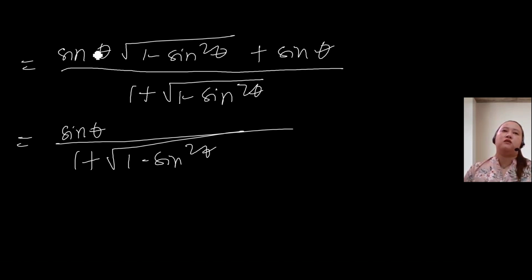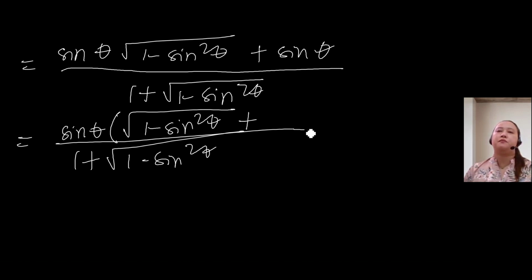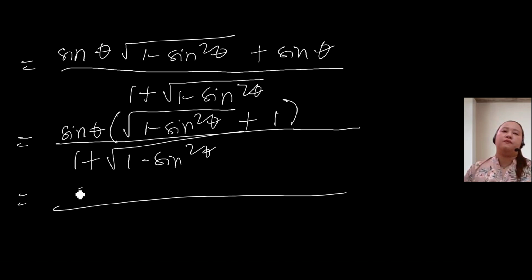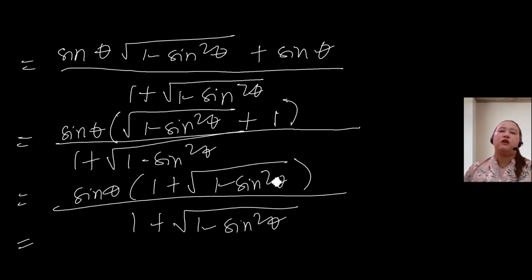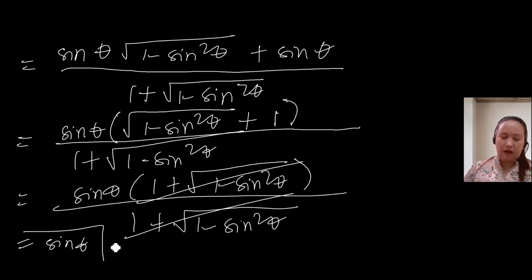So by factoring, sine theta square root of 1 minus sine squared theta divided by sine theta, we have the square root of 1 minus sine squared of theta plus sine theta divided by sine theta, we have 1. So you can rewrite the numerator as sine theta times 1 plus square root of 1 minus sine squared of theta. Then the denominator is 1 plus square root of 1 minus sine squared of theta. So this time you can already cancel. So the final answer here is sine of theta.